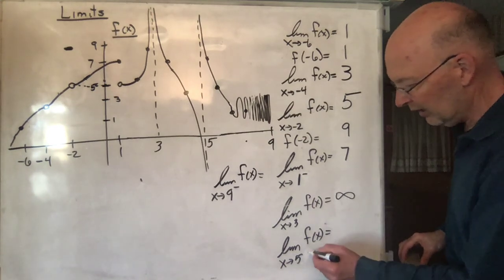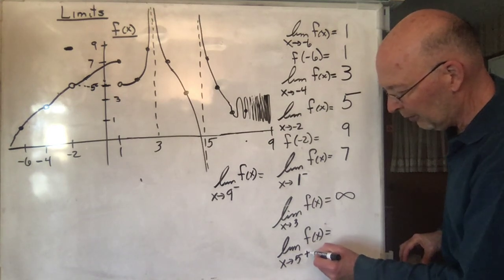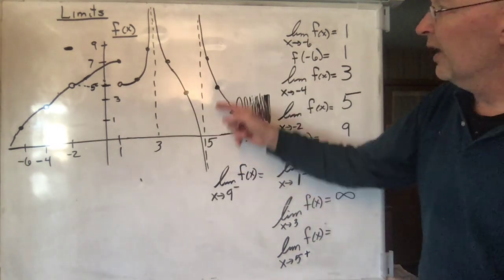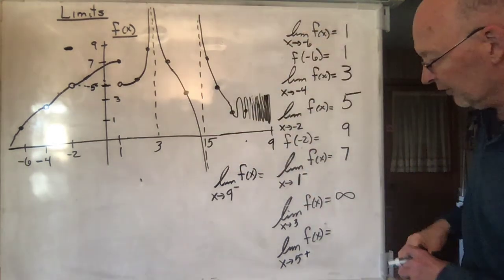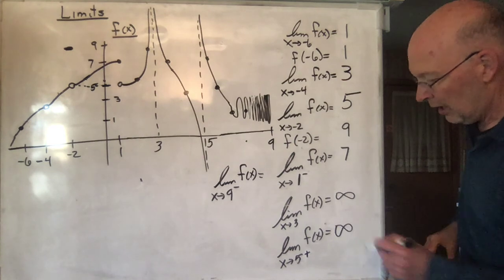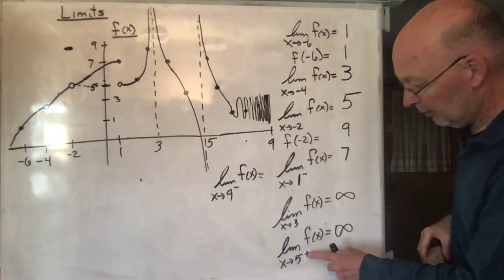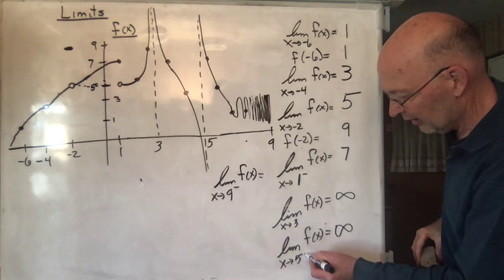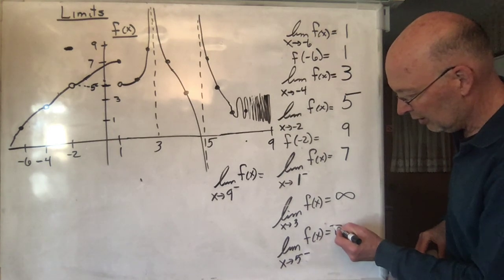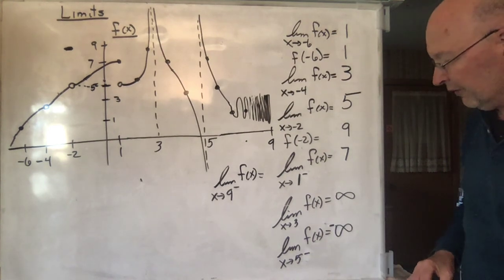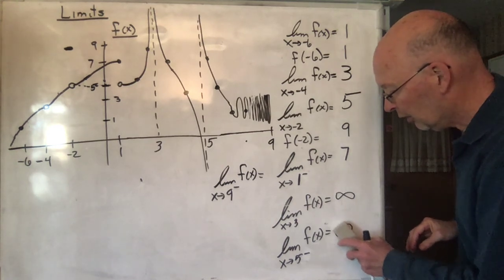We can say, okay, as you approach 5 from the right, the value of the function is going off to positive infinity. And as you approach 5 from the left, make this a little negative sign instead, then it's going to negative infinity. Let's do that a little bit better.